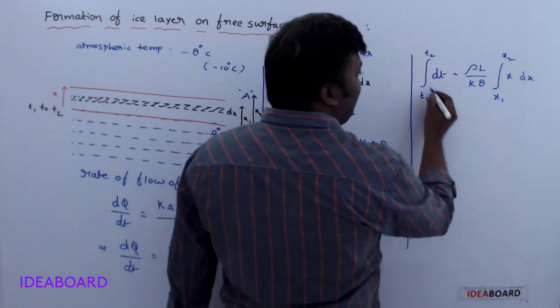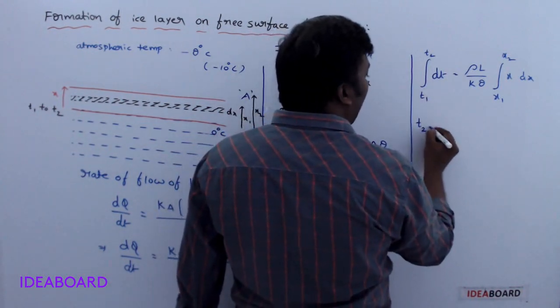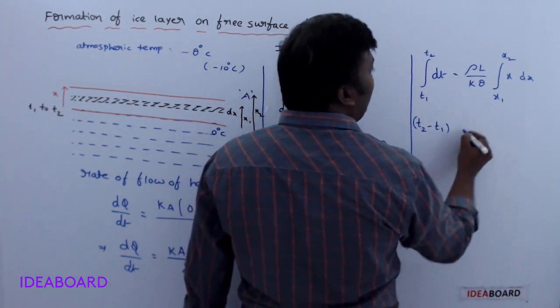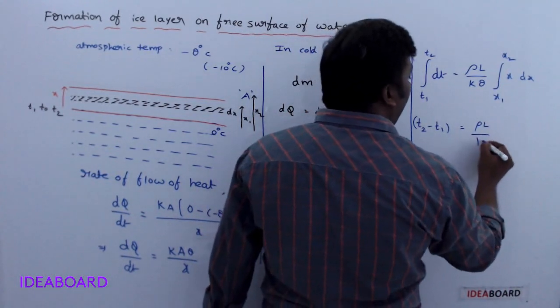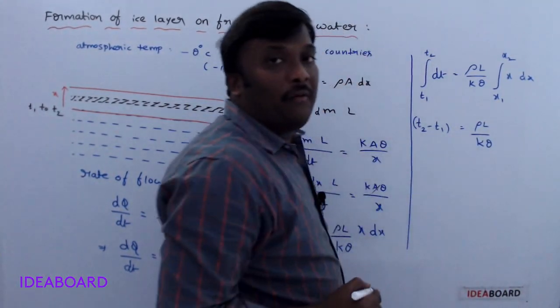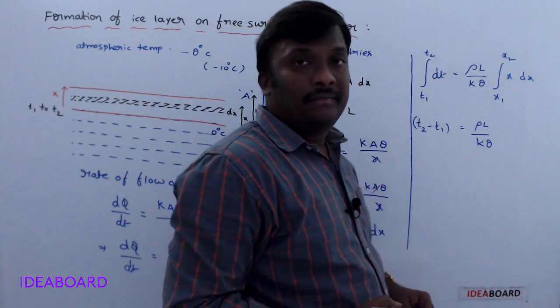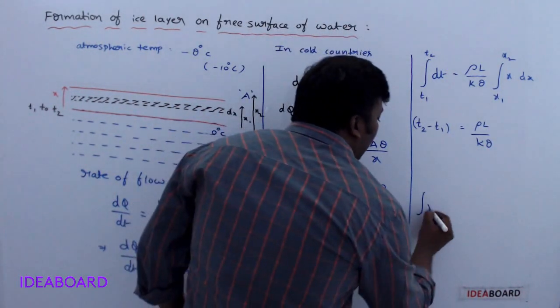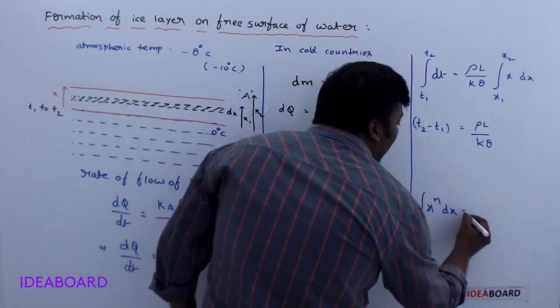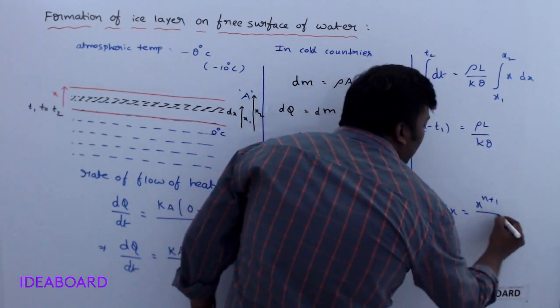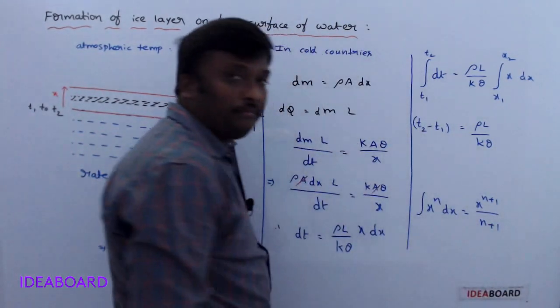Okay, then this side the formula is t2 minus t1 is equal to ρ L by Kθ, the formula for integral x dx. Integral x power n dx formula is x power n plus 1 by n plus 1.